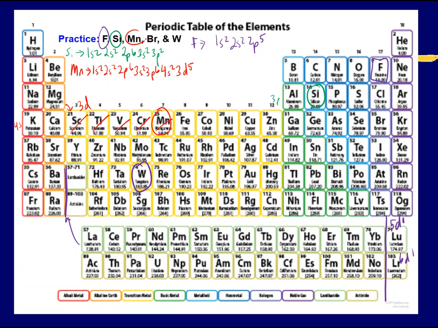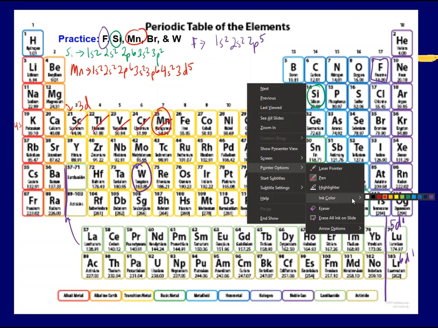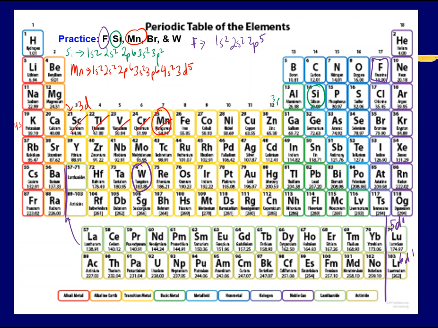So this was manganese, in red. Let's look at a different color for bromine. Bromine is a little bit longer than manganese. Let's try blue here. Bromine's over here. It's a halogen. So it's basically going to be the same thing as manganese, but we're just going to keep adding on. We're going to go completely through the 3d, and then we'll end up over here in this row, which happens to be the 4p.